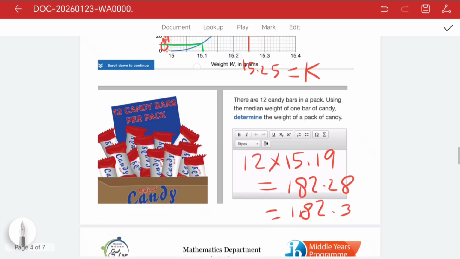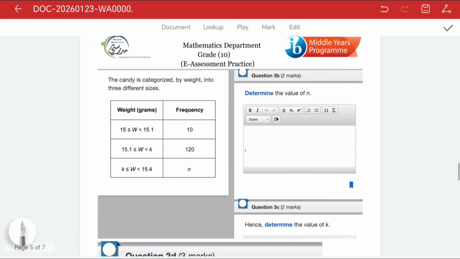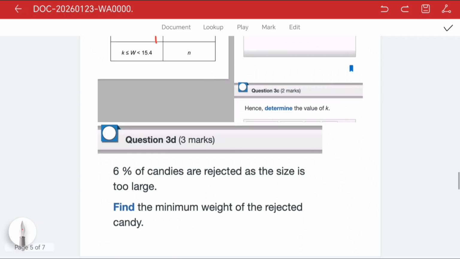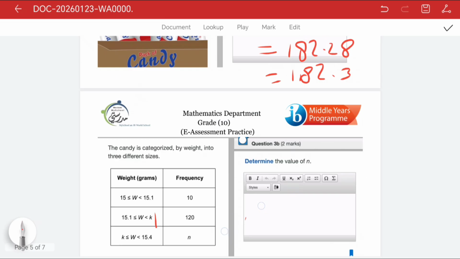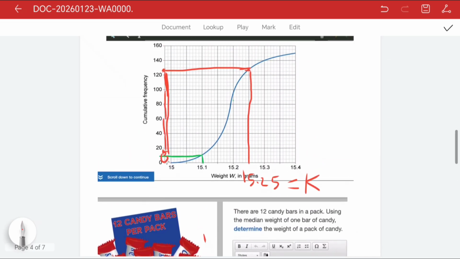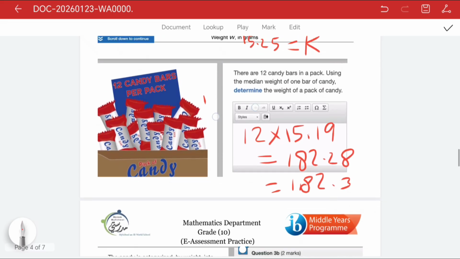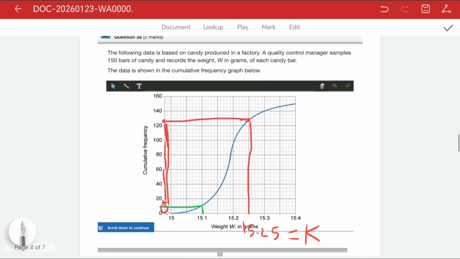So what is k? k is 15.25, because look, they're asking you to find k for 2 marks. As I told you, 15.25. We checked here, 15.25. After that, the next question asks to find n. How many candy bars are remaining?